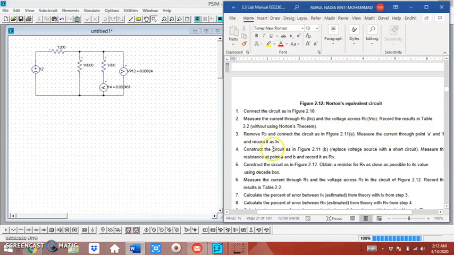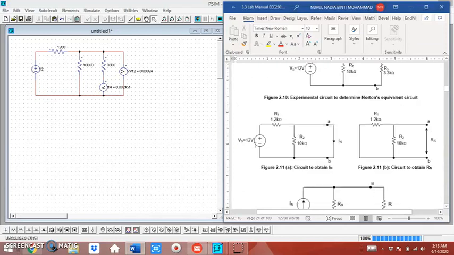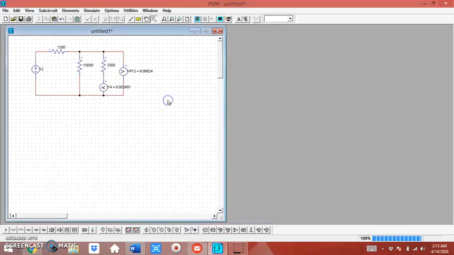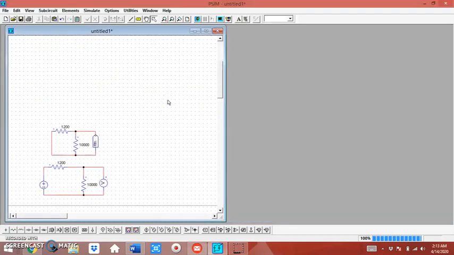Then number 4, construct the circuit as figure 2.11b and replace the voltage source with a short circuit, and then record it as RN. So let's do step 3 and 4. So circuit 2.11A and 11B. Now let's go to the simulation.